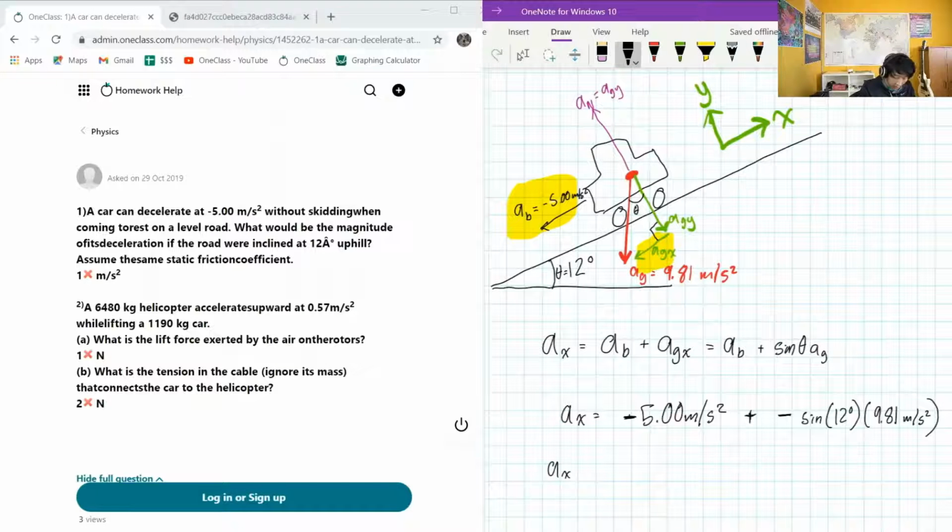So sine 12 degrees times 9.81 plus 5, and we have a total deceleration down the slope of 7.04, rounding that to 3 sig figs, meters per second squared down the slope.